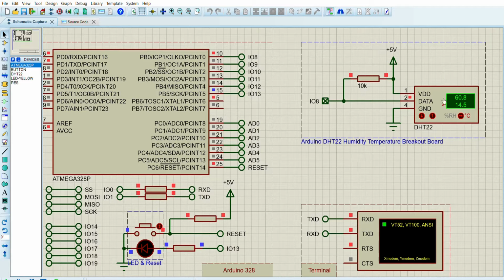Now let's try changing the humidity. So the humidity is less than 25% and the temperature is also less than 15 degrees Celsius. The LED would blink for 1 second and stop, and so on.